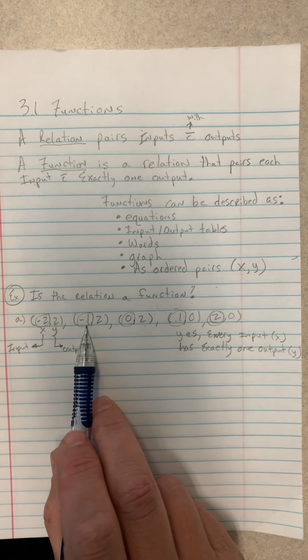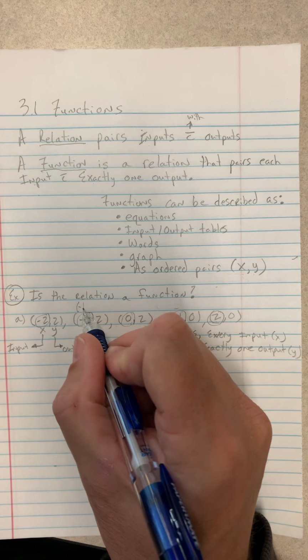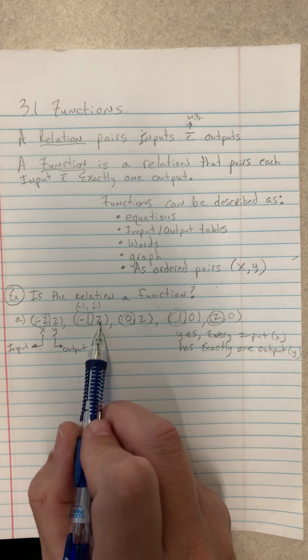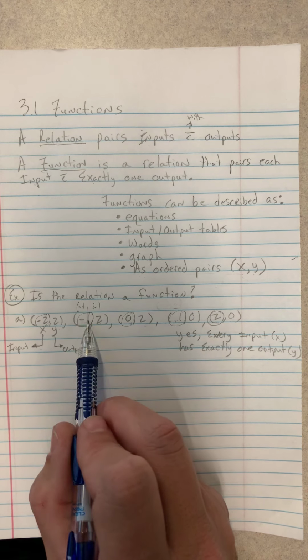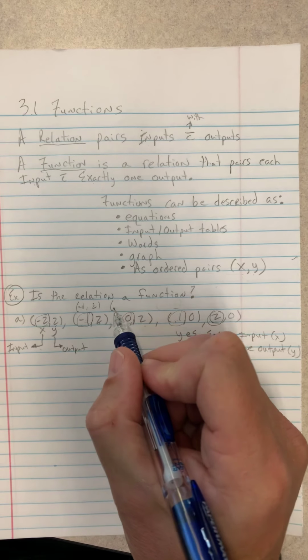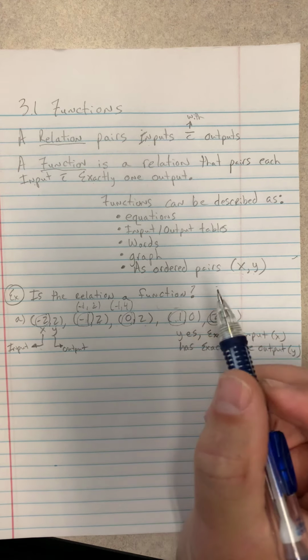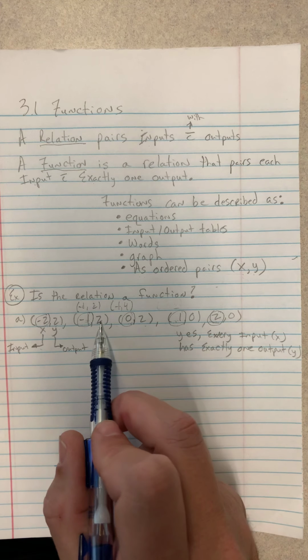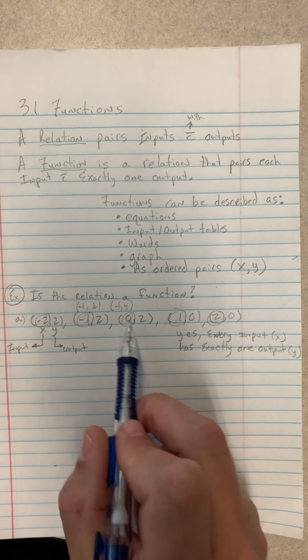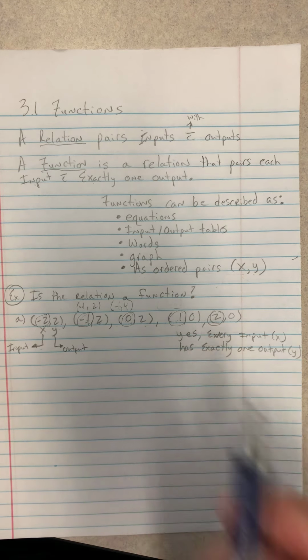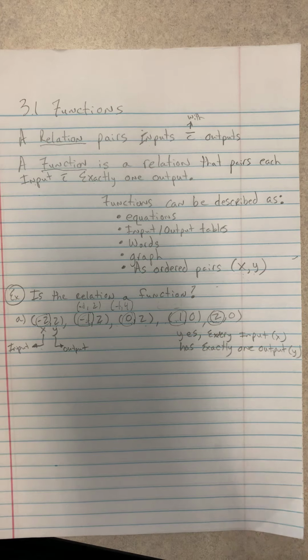I wouldn't write the same point twice if I had the same ordered pair. If I change that -1 to a 4, now this is not a function because -1 has outputs of 2 and 4. Look at your x's. Your question is whether those x's, or those inputs, repeat.